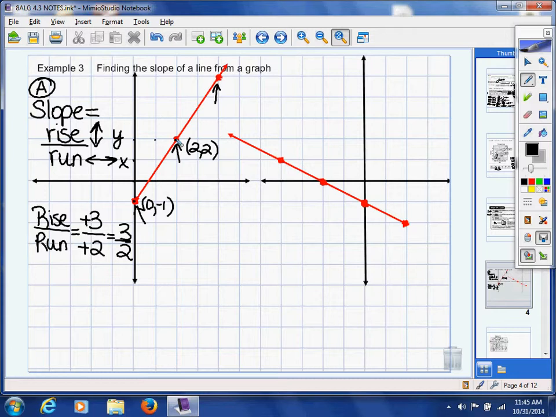All right, so let's start here. Let's go down. 1, 2, 3. You stop as soon as you're on the same level as the point you're trying to get to. Okay, so this time, because I went down, my rise is -3. Negative means down, okay? Down 3 units.